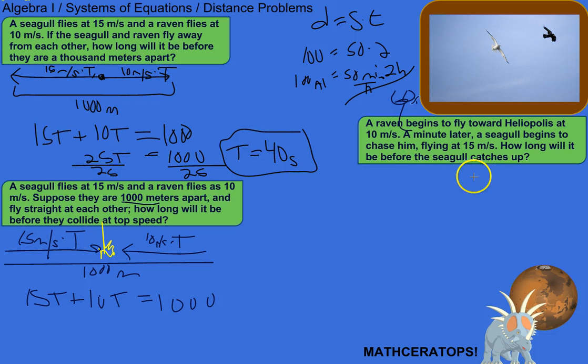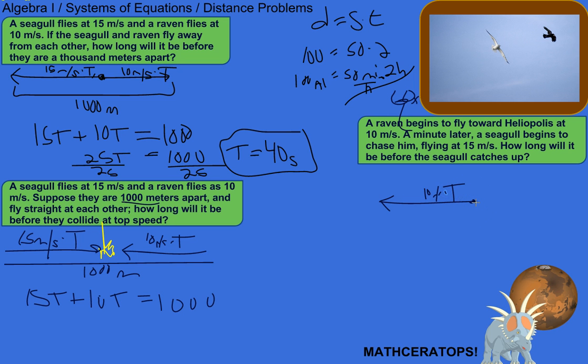So let's diagram this. So a raven is flying. Now it doesn't matter, it could be just it begins to fly in a certain direction. That's all that means. So a raven leaves at a certain time and flies 10 meters per second for a certain amount of time.